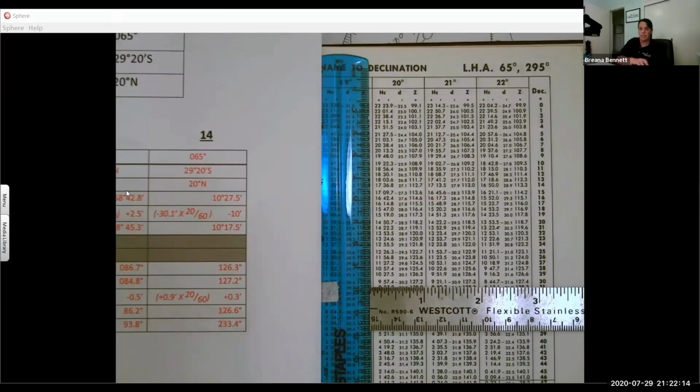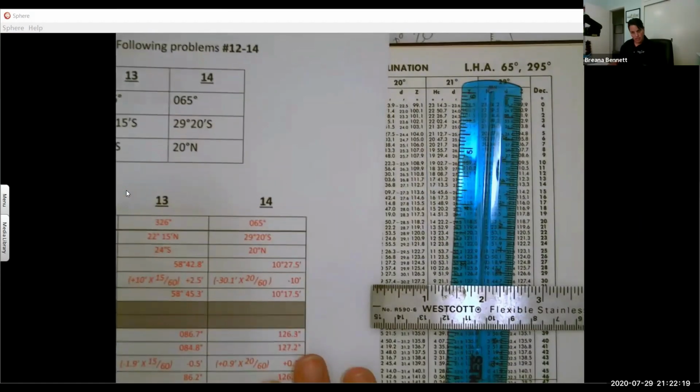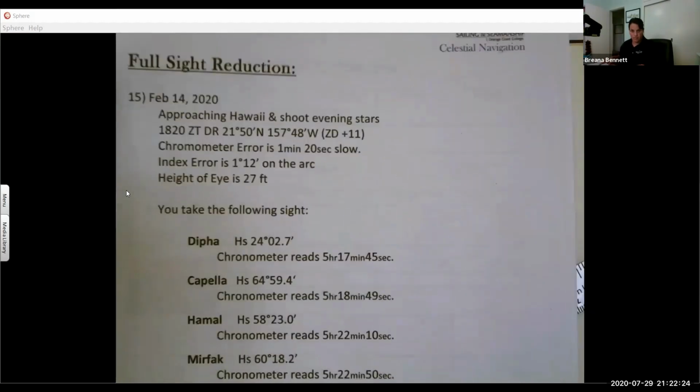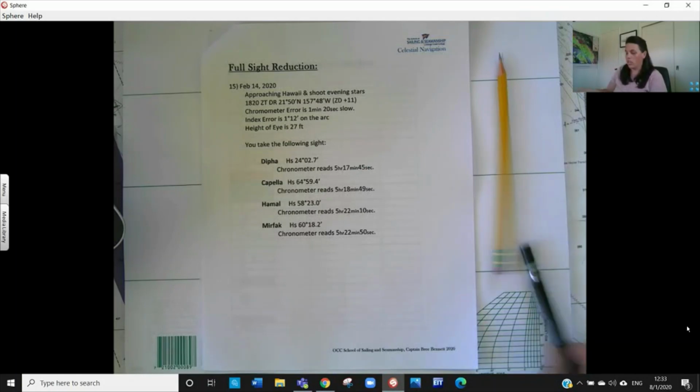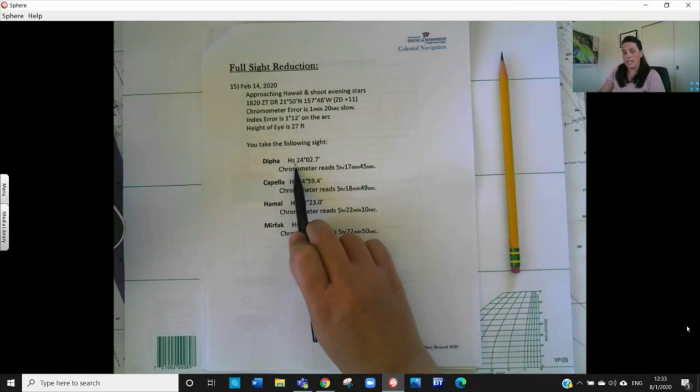Okay, well, the next part of the homework is a full site reduction. So for our last problem, number 15, we're going to do the full site reduction. We're approaching Hawaii, we have a DR position, and then we have 4 stars that we saw for our evening stars. They give us our sextant altitude and our chronometer time.